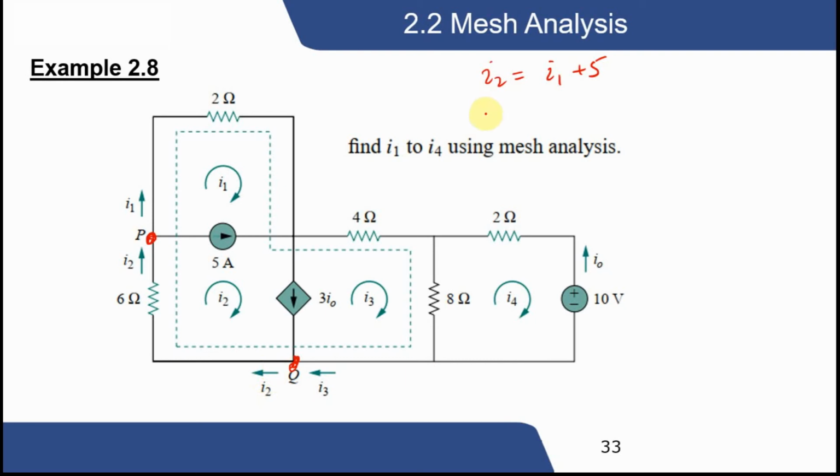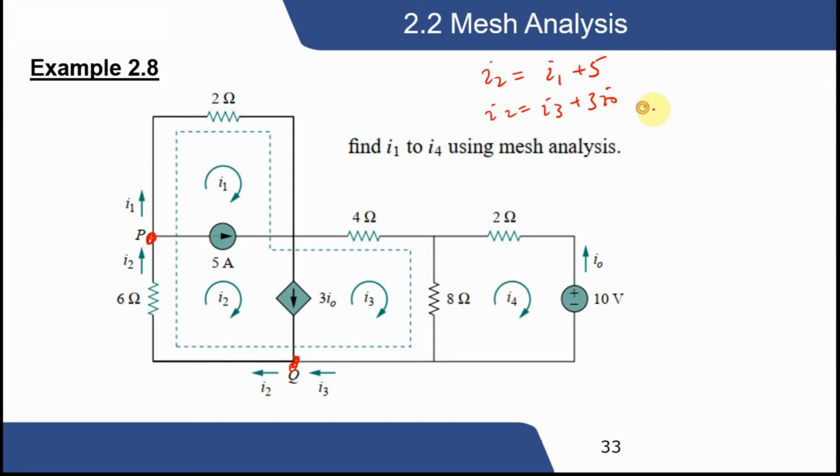You can also write I2 equals I3 plus 3 I naught. And what is I naught? I naught is this one, and I naught is minus I4.